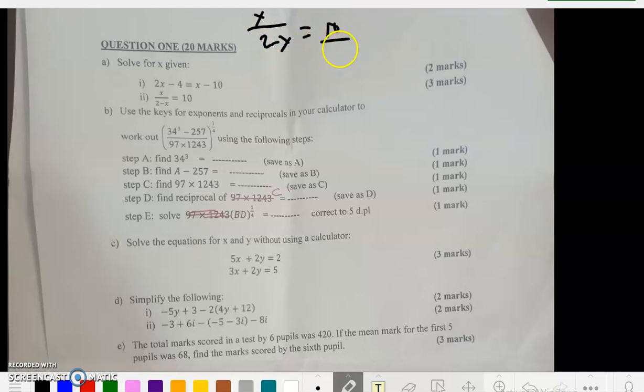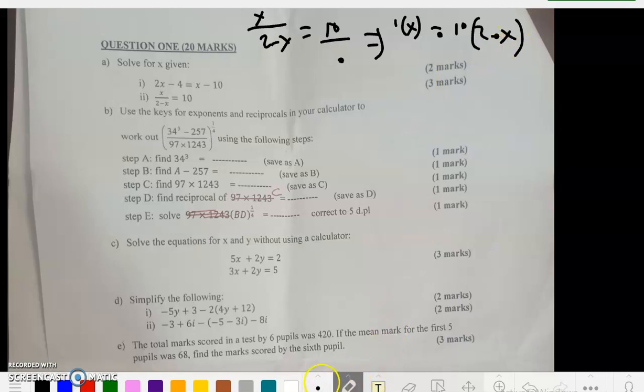This simply means that this is over 1. So cross multiply. If we cross multiply, it is simply 1 times x, and this will be equal to 10 multiplied by 2 minus x.